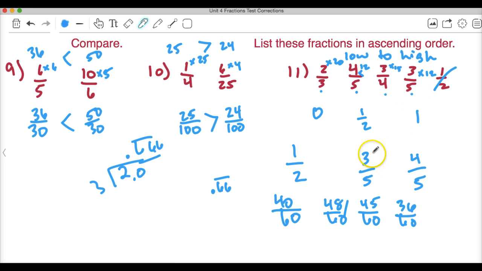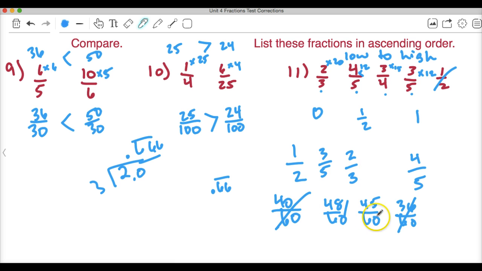So I need to move this one all the way over here actually. Actually, I'm going to just erase that. Okay, so then my next one is 40/60ths, which was my 2/3.